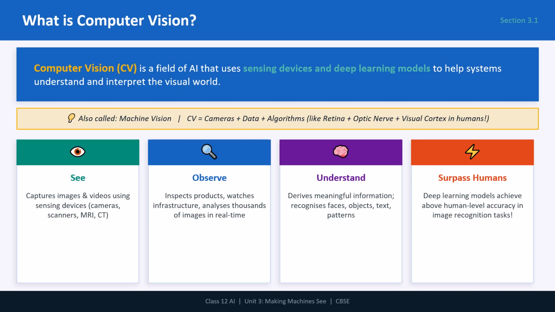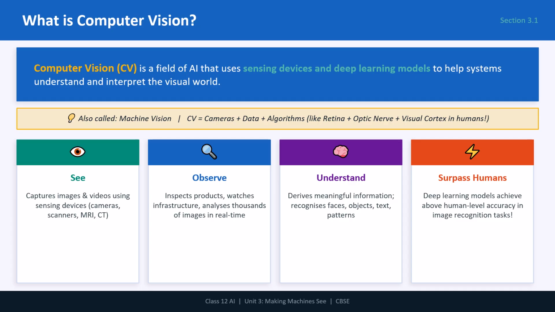Alright, so now let's nail down the official definition because this is a guaranteed exam question. Computer vision is a field of artificial intelligence that uses sensing devices and deep learning models to help systems understand and interpret the visual world.